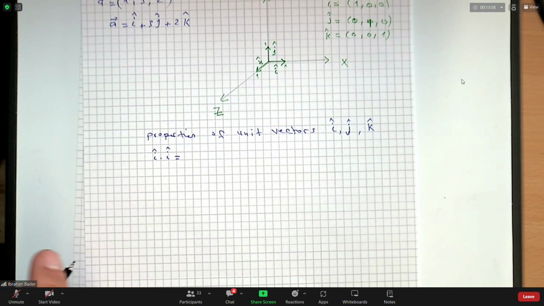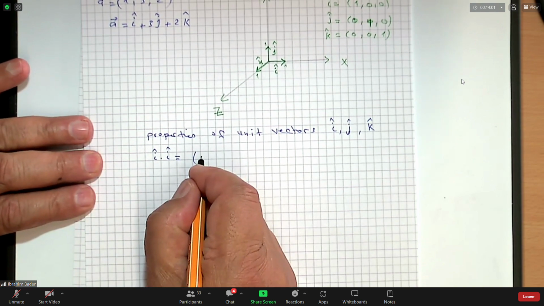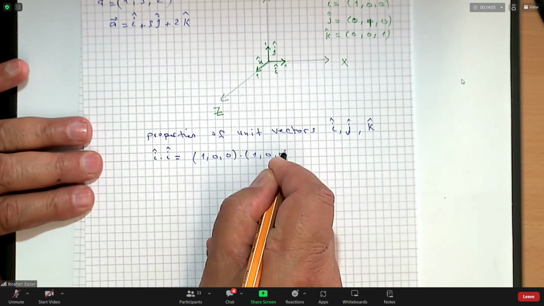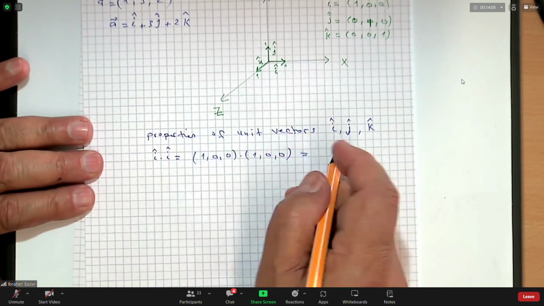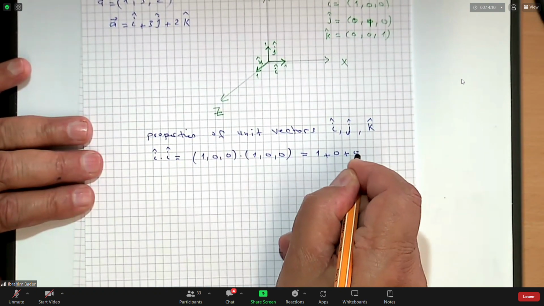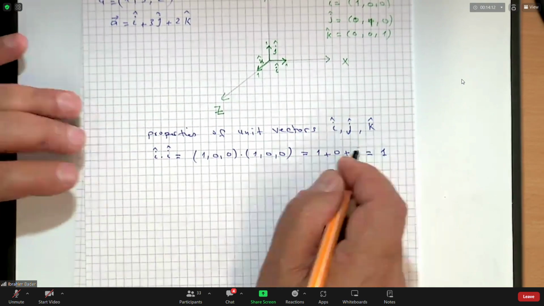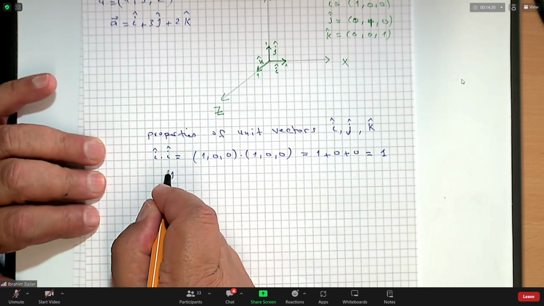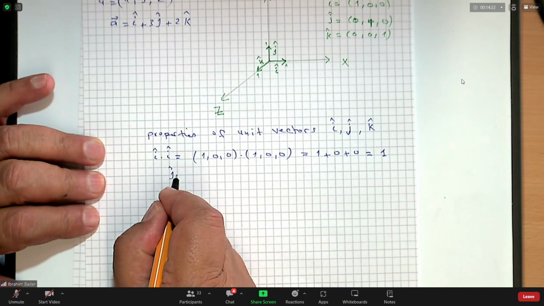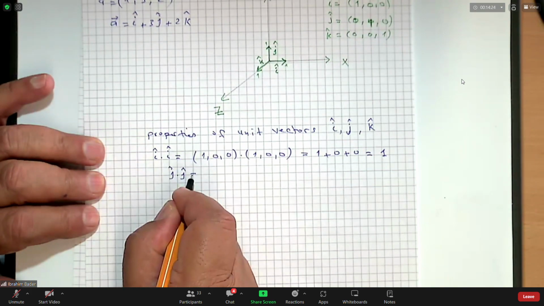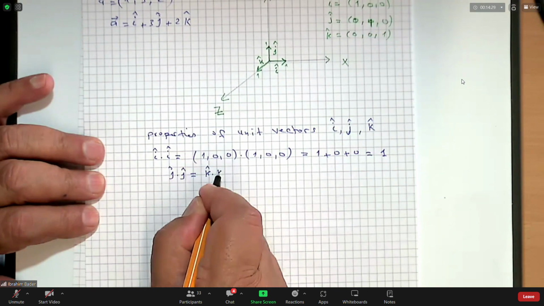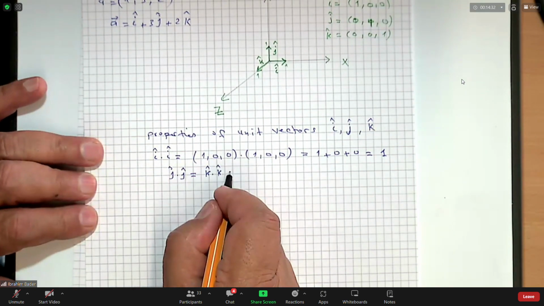Let's apply the rule here: 1 times 1 plus 0 plus 0, so it is 1, right? The same applies to J and K, because in one case the middle coordinate will be 1, and in the other the last coordinate. So in this case, this is also equal to 1.